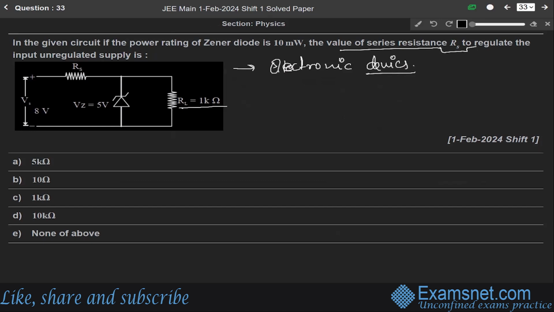This is the load resistance RL, this is the series resistance RS, and this is the supply voltage Vs. First of all, we will find the potential difference across RS.